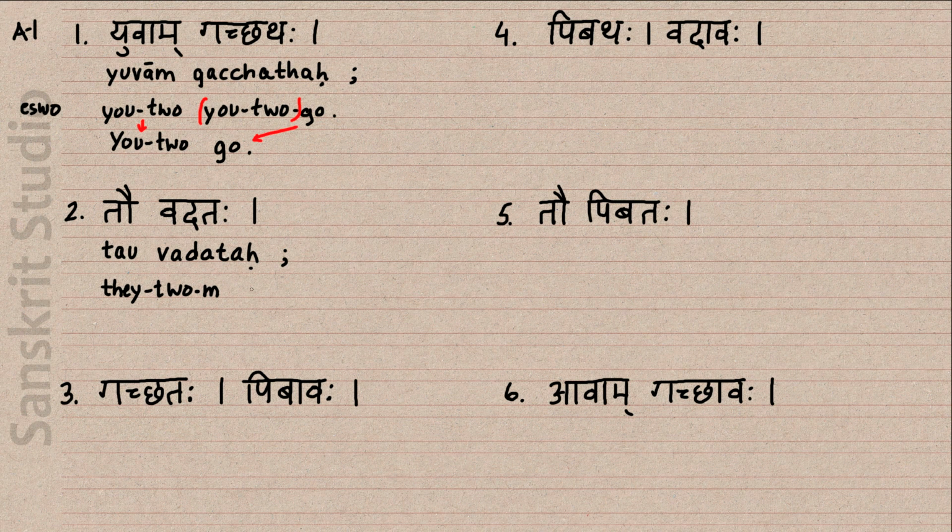Because the verb only says they two speak, right? But we don't know which gender, or at least not which grammatical gender they are. So that's why the pronoun here is so important.